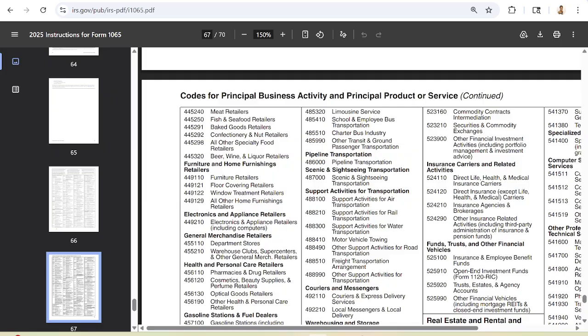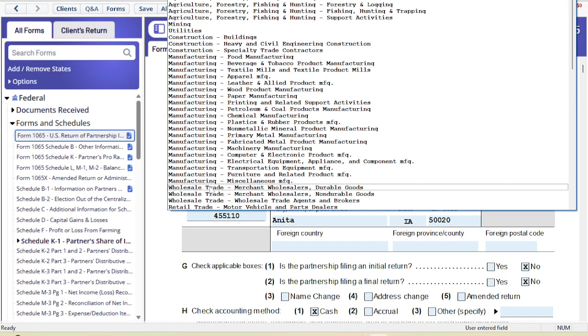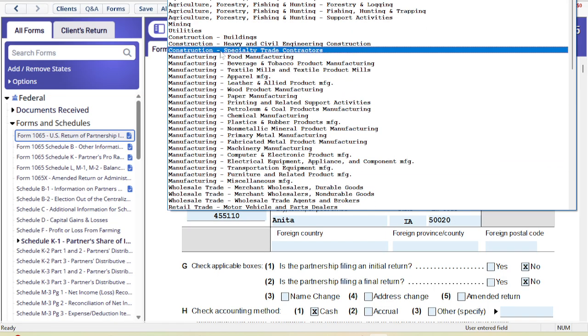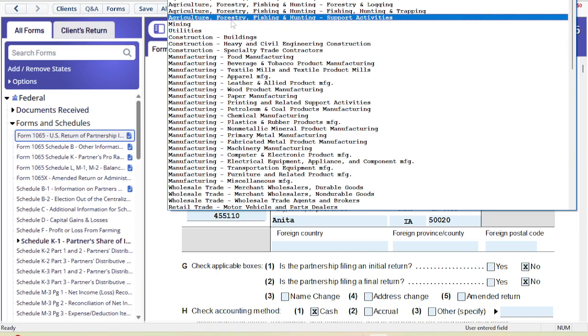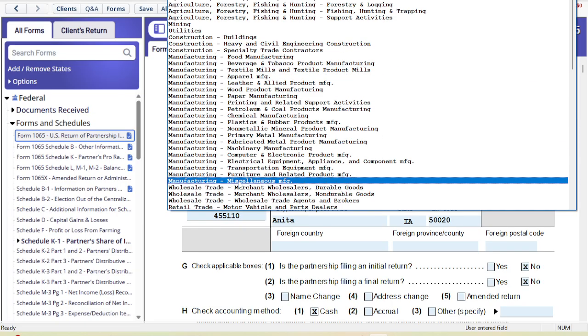Once you pick one, it's going to narrow the code for you to pick from. You can go that route or you can go from the code. But if you are using questionnaire mode, it will just ask you questions, and based on your answers, the software will pull the code for you, unless it gives you the drop down menu to choose.